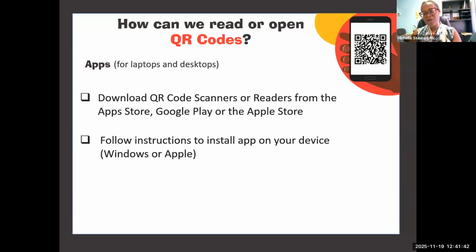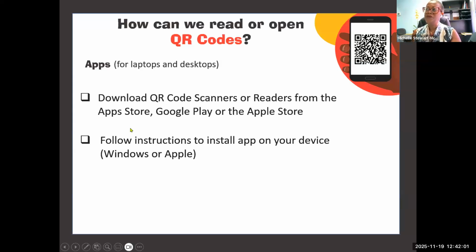The higher the review, the better the app. So you look for the app that is most appropriate, and you download it, whether it's for your Android device, your Windows computer, or an Apple computer. So these are the apps.